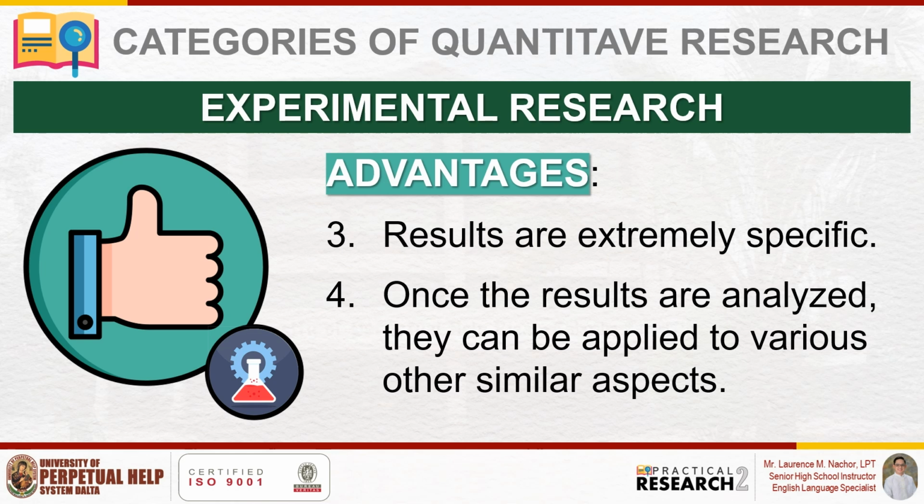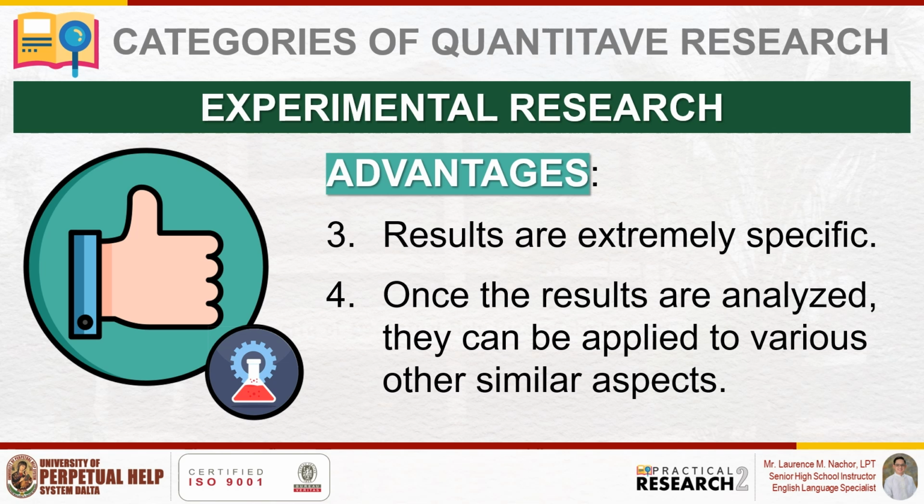What's more on the advantages? Once the results are analyzed, these findings can be applied to other similar situations or aspects. This is known as generalizability. So number 4 is all about the generalizability.